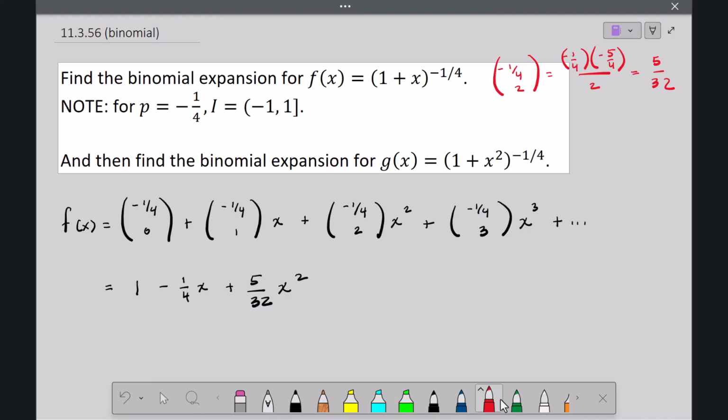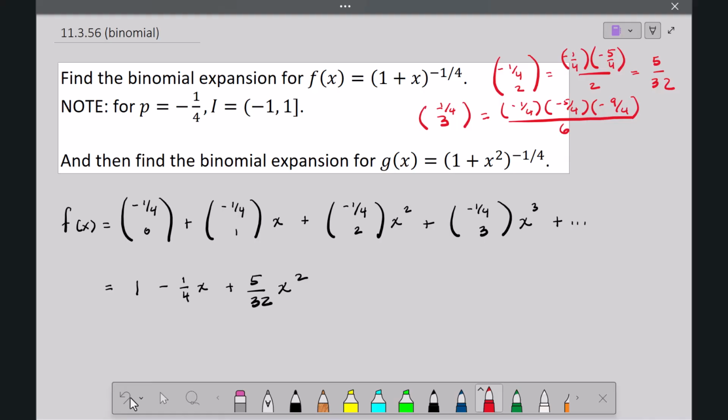And then we'll do -1/4 choose 3. So that will be -1/4. Let's get a little more space up there. -1/4 multiplied by -5/4 multiplied by -9/4, all divided by 3 factorial, which is 6.